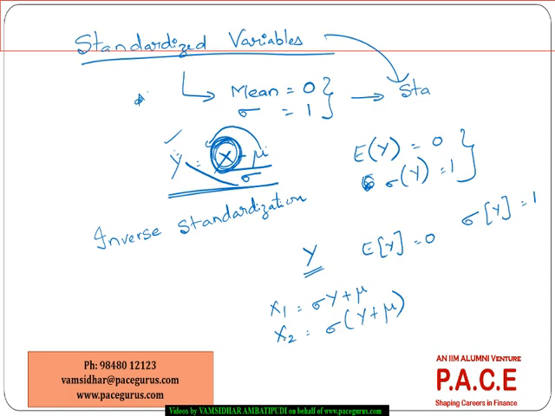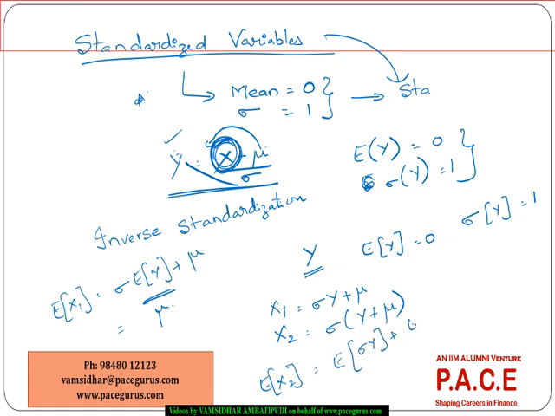Now I really want to find the expected value of x1. Okay, let's try. What is the expected value of x1? Sigma times the expected value of y plus mu. So what is the expected value of y? It is 0. So this comes out as mu. Whereas if I want the expected value of x2, it is nothing but the expected value of sigma y plus the expected value of sigma mu.